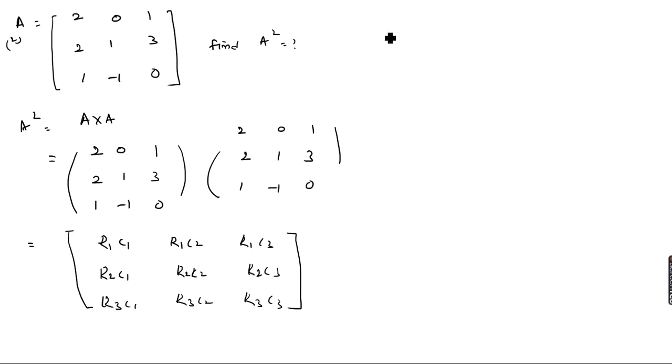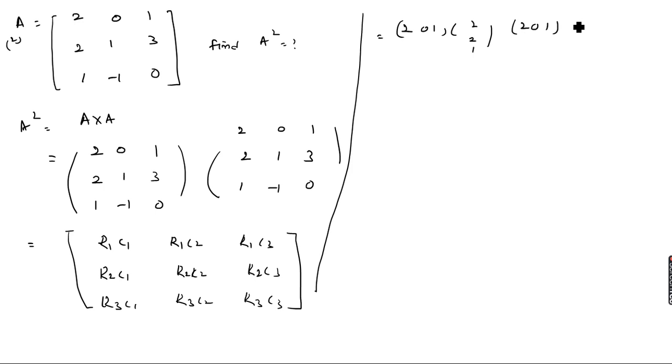So if we take that, we get, just I am expanding, [2 0 1] into the first column [2 2 1], then [2 0 1] into [0 1 -1], then [2 0 1] into [1 3 0].